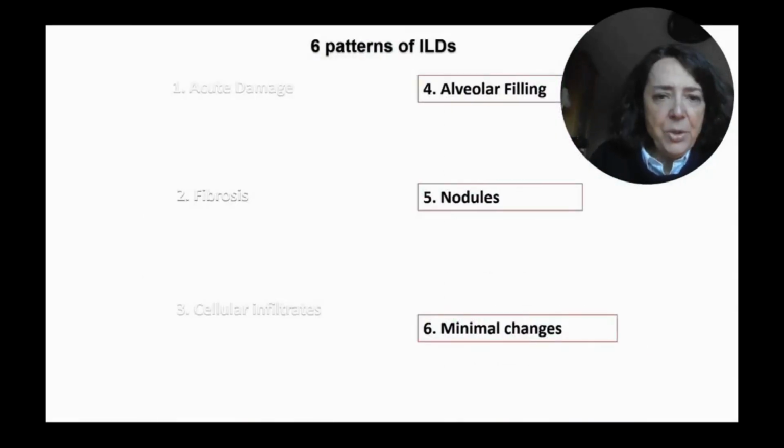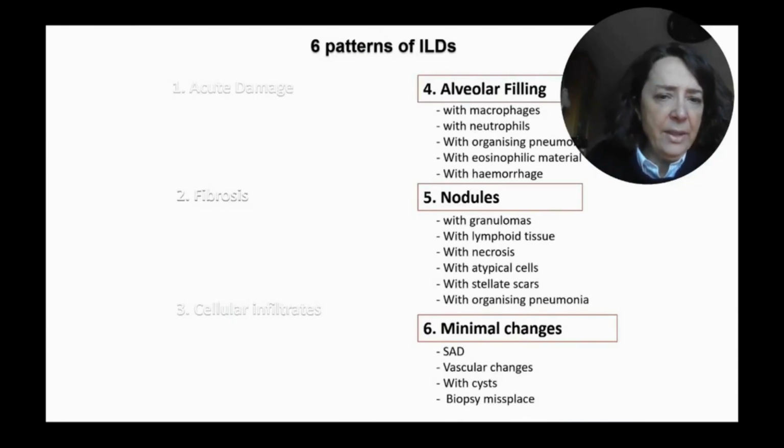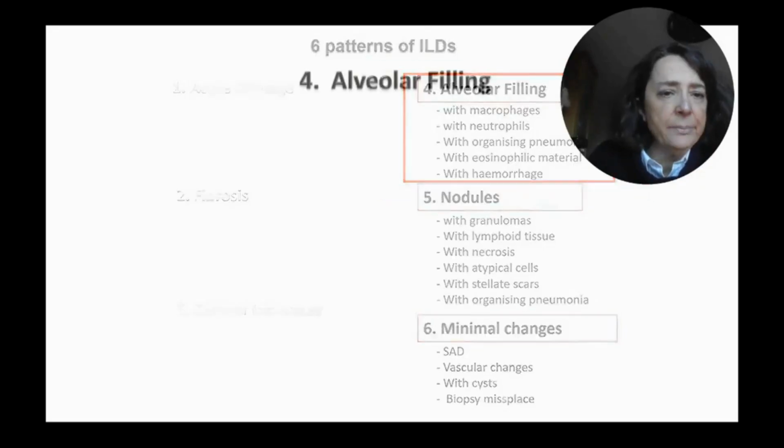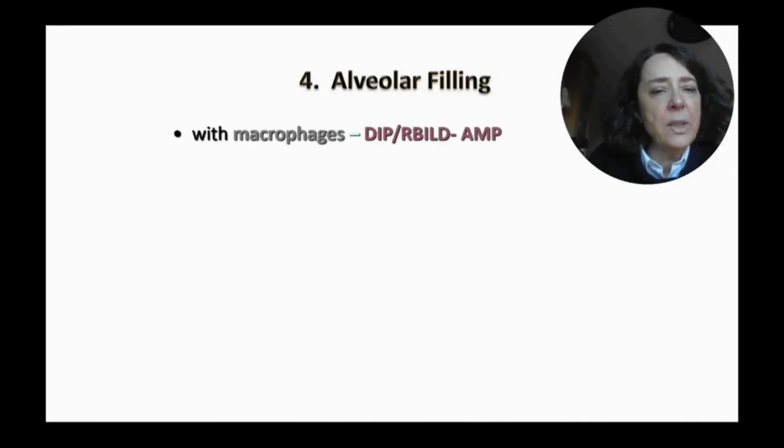So if we go to the next one, which is alveolar filling, it is the same way. You just get the pattern and try to see what happened, when you know exactly what you have inside the alveoli. The alveolar filling is the second subdivision in the new classification. If you see macrophages, the term DIP is not used anymore; it is AMP, which is alveolar macrophage pneumonia.